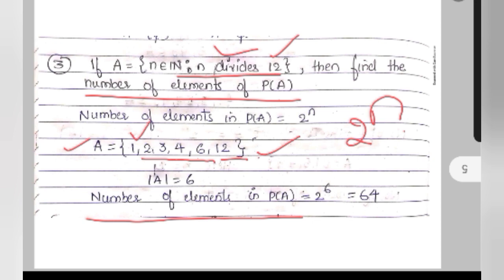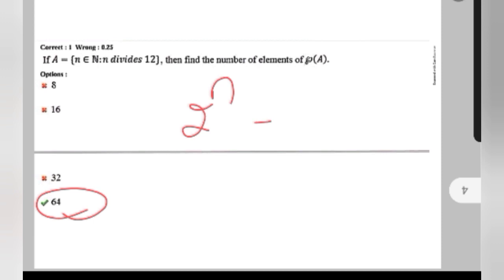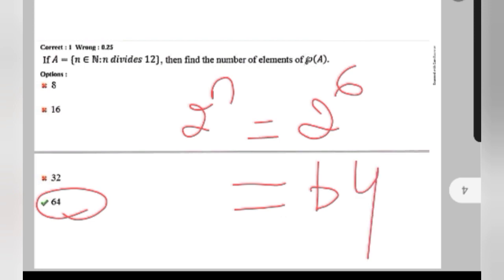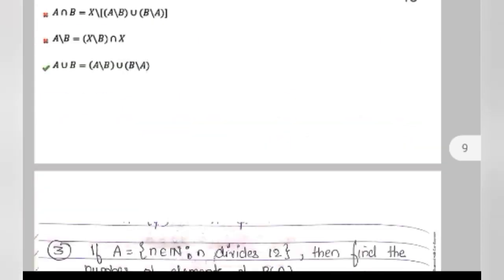The number of elements in the set A, so n is 6. 2 raised to power 6 is 64. So option D is correct. That is, the number of elements in the power set is 2 raised to power n. The n value is 6, so it becomes 64. So let's take the next question.